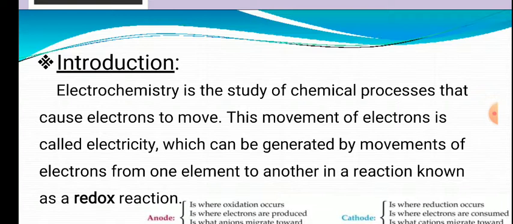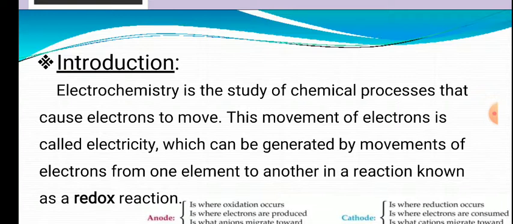So by means of the chemical reaction, we can get some electron, and there will be another system in the combined system which will accept electron. So totally there will be a transfer of electron.